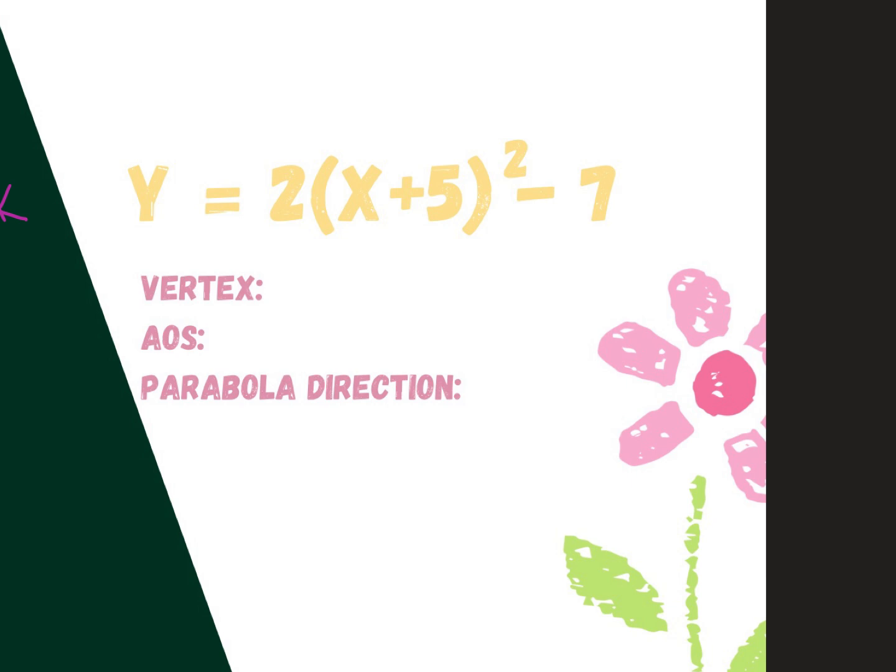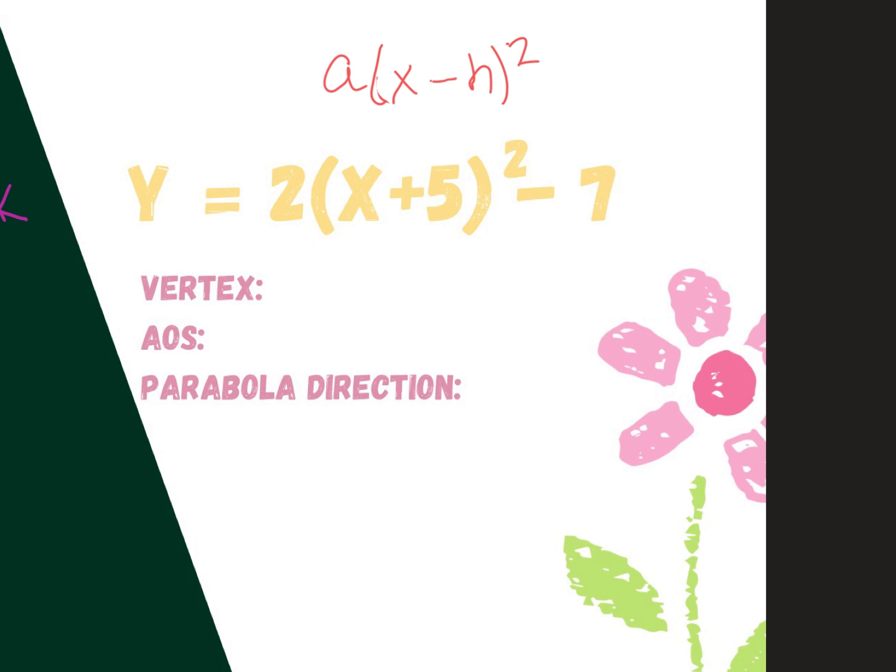First, yes, it is written in vertex form. We have our a, remember our x minus our h value, and that is squared.